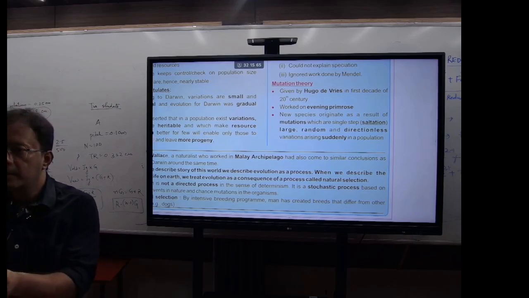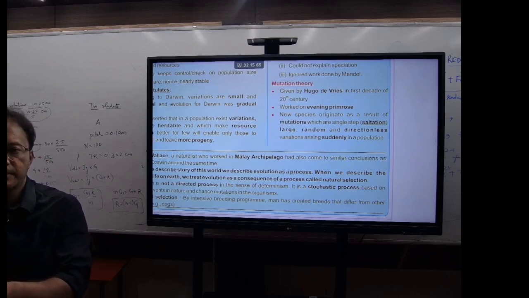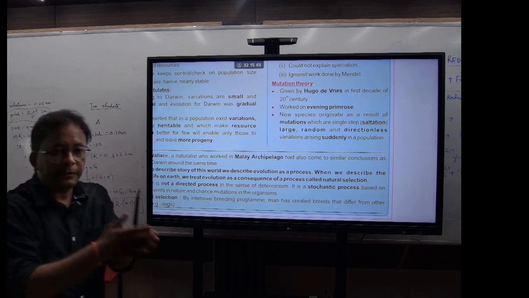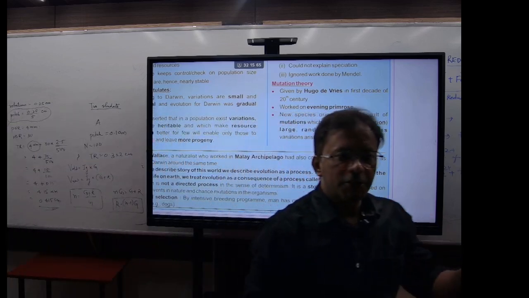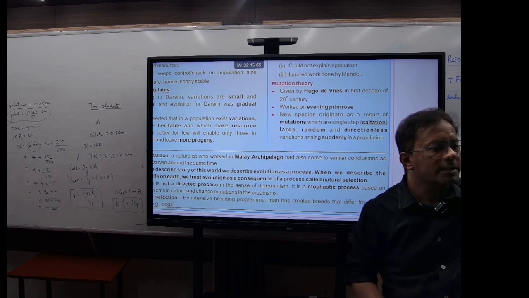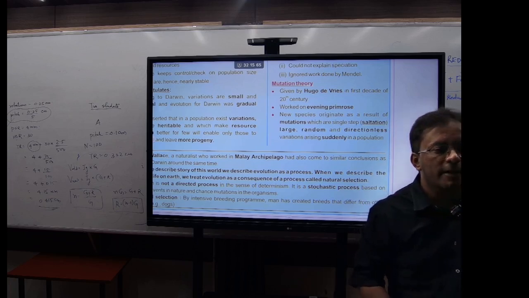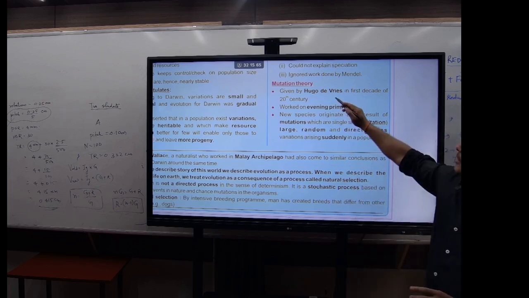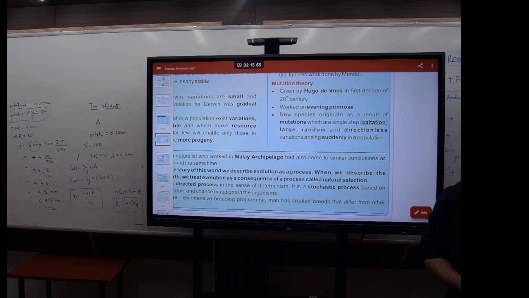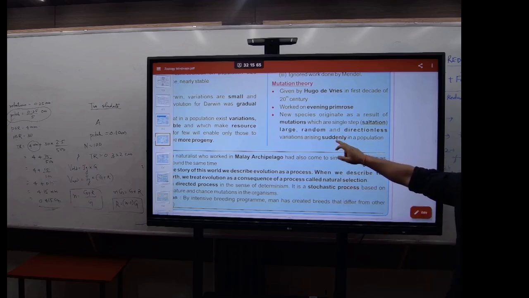For Darwin, there are connecting links. There must be many species in between these two. But for de Vries, one saltation can bring about a large change that can convert a species into completely new forms of life. That is what he said, which is called the mutation theory. These mutations appear suddenly in a population.